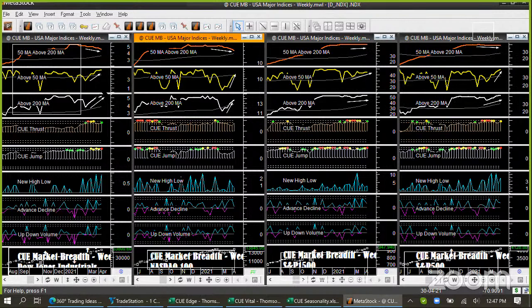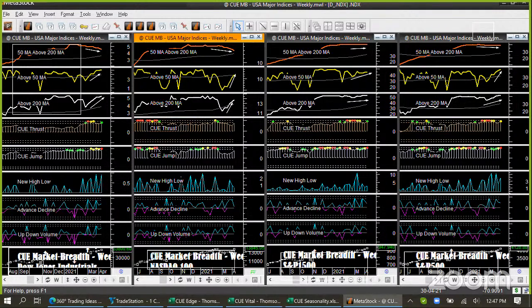So the moving average and prices placement relative to these major moving averages, that is showing a bullish picture in all the four major indices. So not only mega caps, the major indices are also bullish.